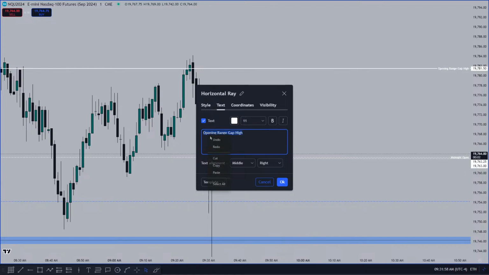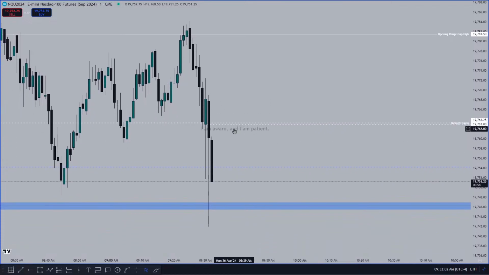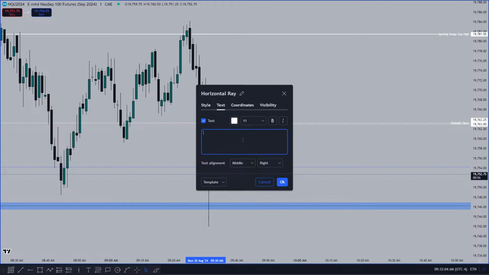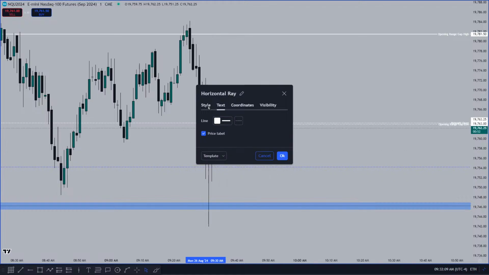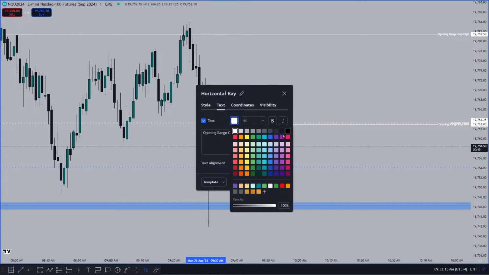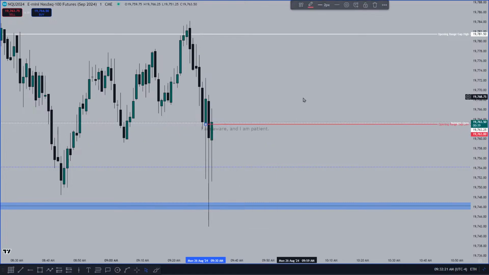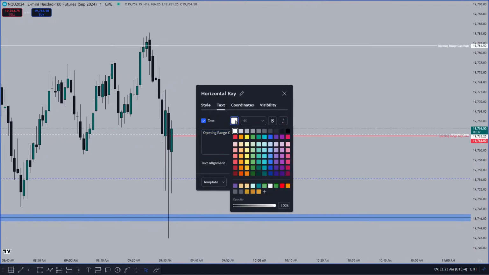Let's copy this. There's open gap low right over there. Let's delineate it and take off this. I want to change the color of the gap. Let's make it red. Gap low.